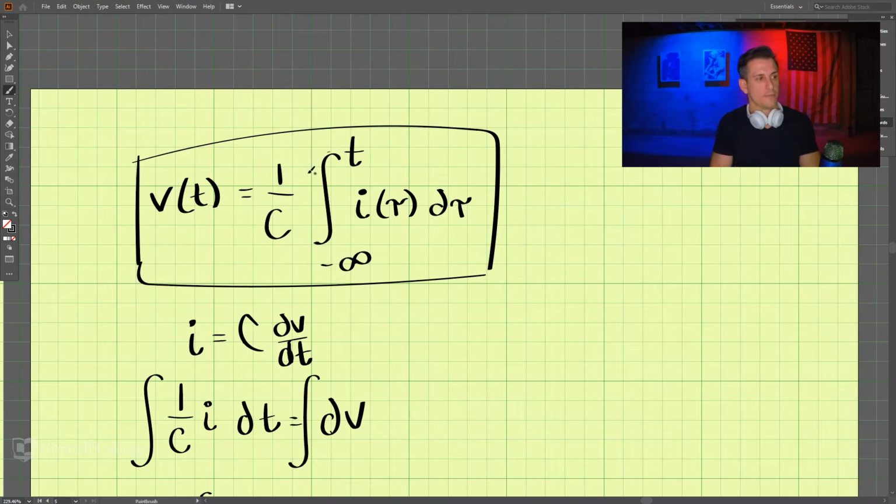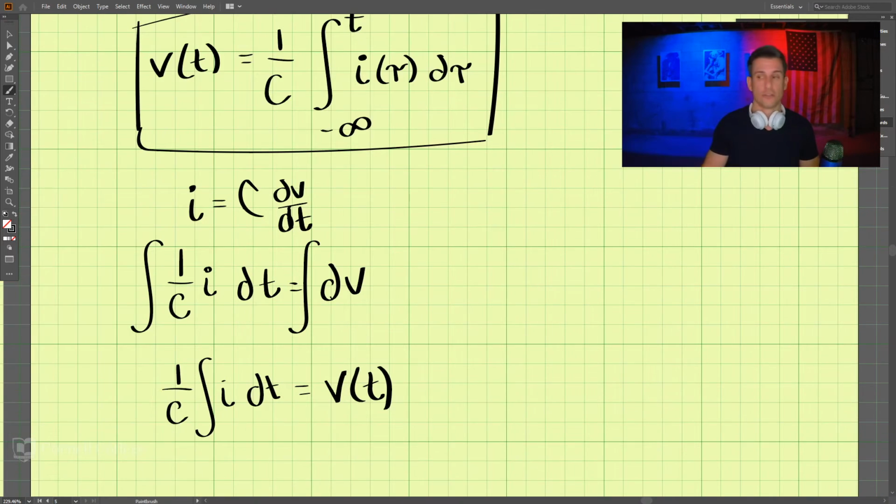So we can integrate the current and use the capacitance to find the voltage across those two plates.